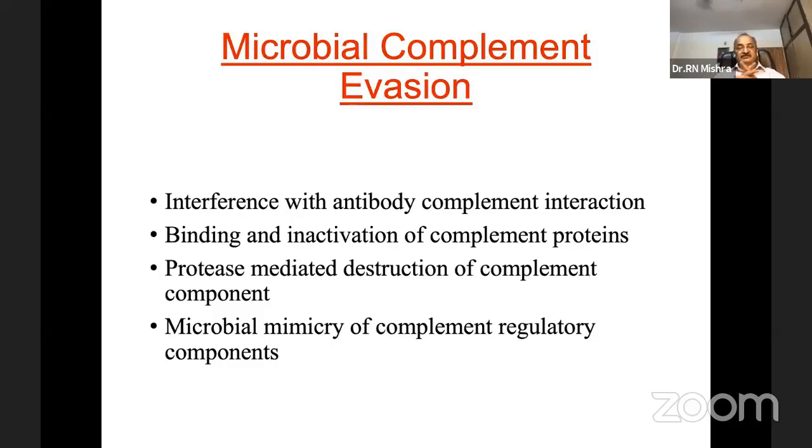I think for physicians, it is important to bear in mind that estimation of C3, C4 are useful in immune complex mediated disease, such as SLE or serum sickness. And if the C3 and C4 values are less, one can postulate that there is active disease, and with proper treatment, the C3 and C4 values normalize.